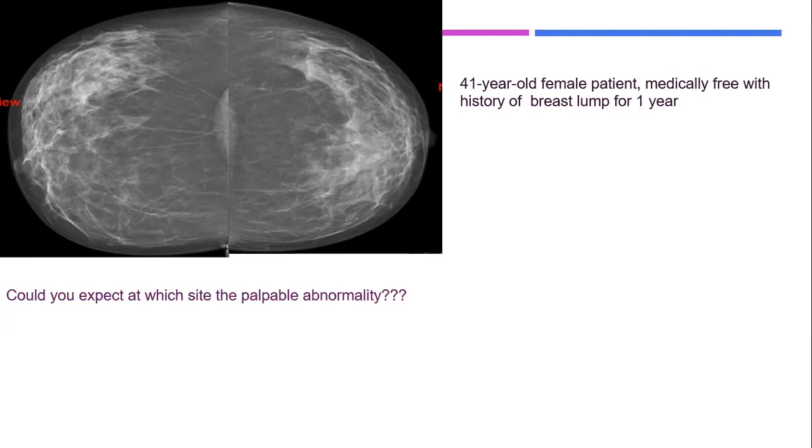Which side would you expect the palpable abnormality on? There is focal asymmetry at the left breast, left medial, central. Okay. Any other suggestion? Left outer. Okay. Any other suggestion?